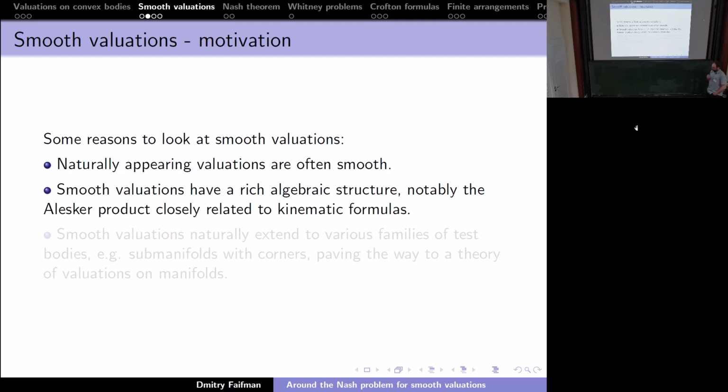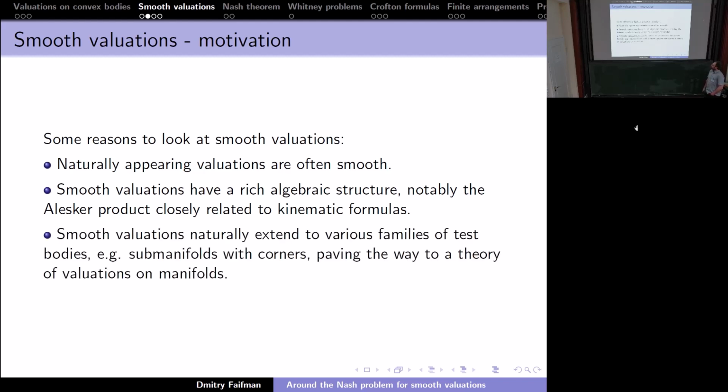Those structures are closely related to integral geometry, to kinematic formulas. Perhaps most importantly for us today, the smooth valuations somehow paved the way to consider valuations on smooth manifolds. So they can be naturally evaluated on all kinds of sets, not just convex bodies, but for instance submanifolds with corners. And so it gives a natural definition, which will later appear, of valuations on manifolds, where the notion of convexity does not make sense.